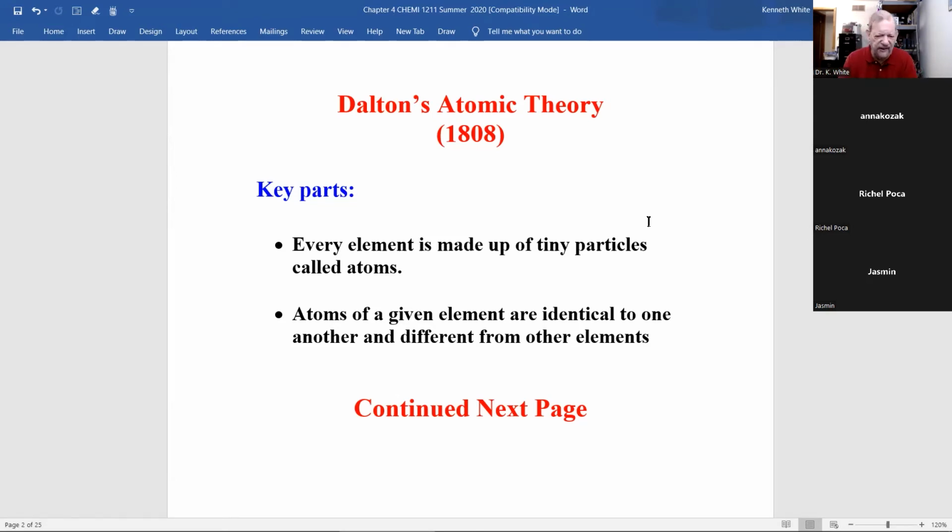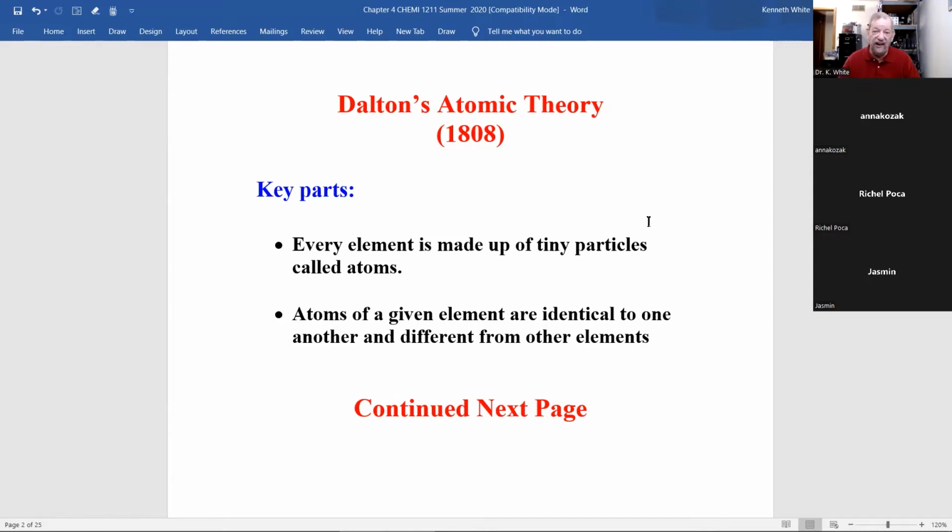And his theory, key parts was, and I'm not going to ever ask you this on a test, but it's good to know, every element is made up of tiny particles called atoms. And atoms of a given element are identical to one another and different from others. Now you look at this and say, duh, that's obvious. Well, back then it wasn't. This was earth shattering.